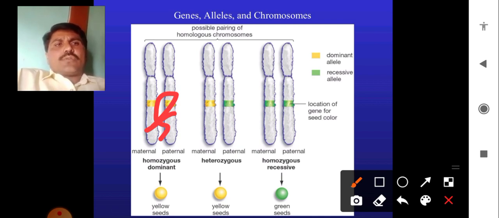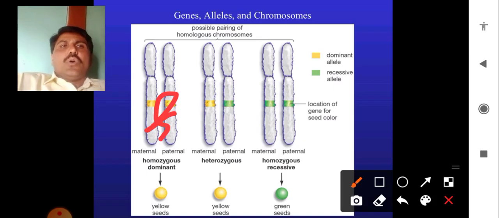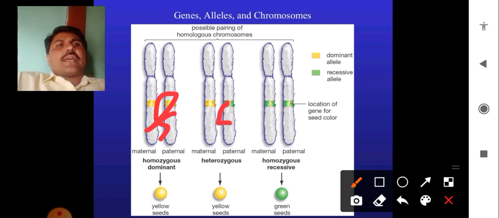Now, next is the heterozygous one. Though the seed color is yellow, the gene pair is heterozygous. This one is the green one and this one is the yellow one.